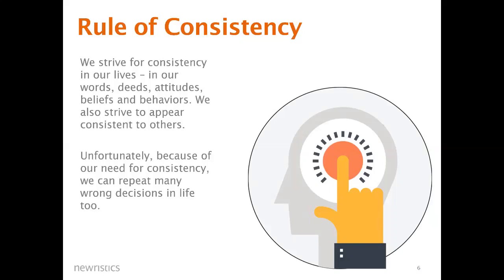Where science tells us this rule of consistency heuristic becomes somewhat of a judgment error is when people start making decisions in life simply to hold on to or protect their rule of consistency.